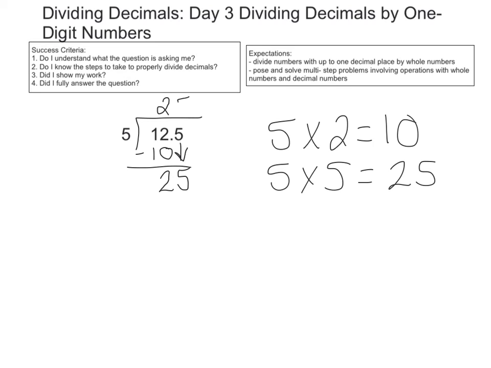So we put our 5 above the tenths place and go 5 times 5 equals 25, and we subtract, and we have 0 remainder. But what did we forget? We forgot our decimal. Because the decimal here is between the ones and tenths place, we do the same for our answer. Therefore, our answer is 2.5.